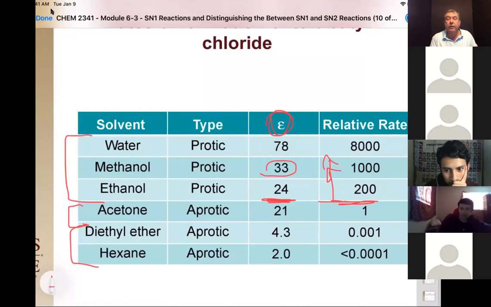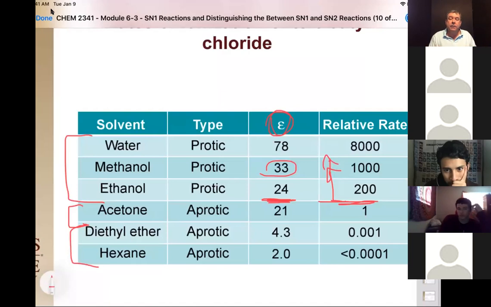It jumps another 8 times, okay? So that means this reaction with the t-butyl chloride is 40 times faster in water than it is in ethanol. And you'll explore that in lab at some point in time, I think.